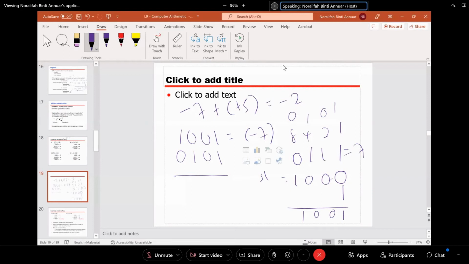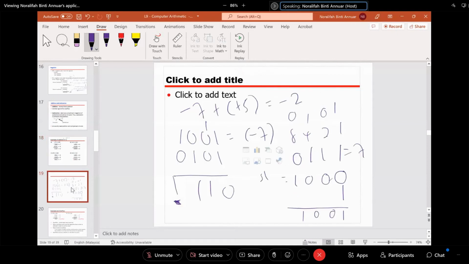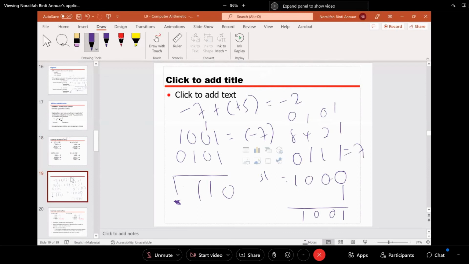The most significant bit on your left will be the sign magnitude. Is that right? I made a mistake, why is it wrong? 1101, oh sorry, I was wrong. What was step number 2 earlier? 0010.